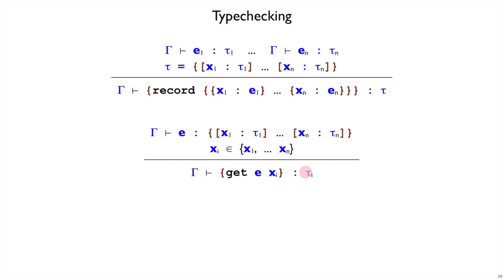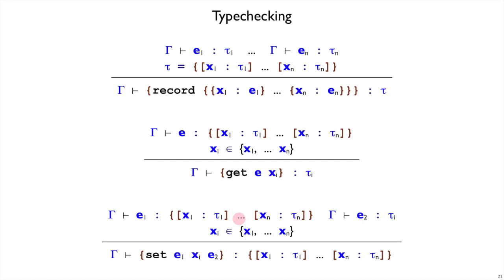And by using tau i here, we mean the type that matches up with the corresponding xi in the type that we got from E. And set is very similar. The only difference is we have a second expression, E2. That needs to have a type tau i that's consistent with the field that we're setting, whatever xi is. And then the result type is that same record type that we got from type checking E1.